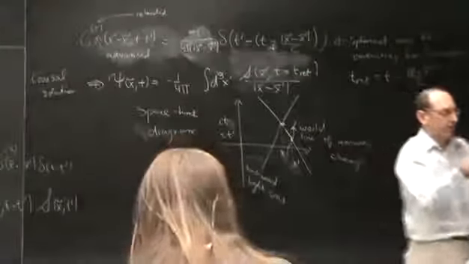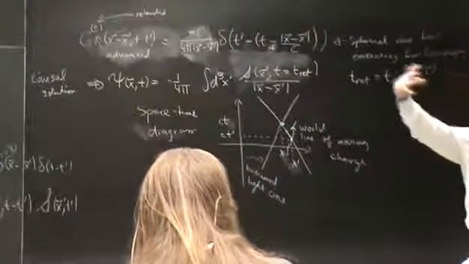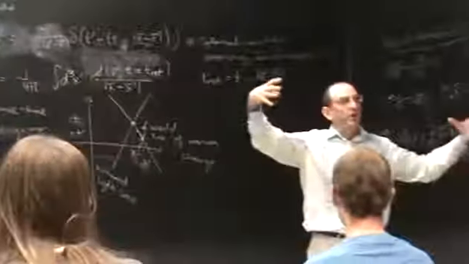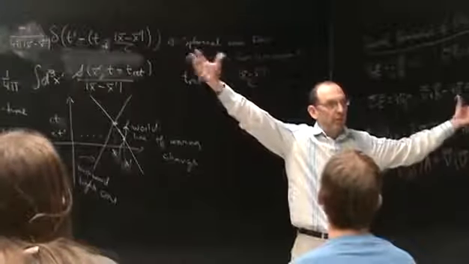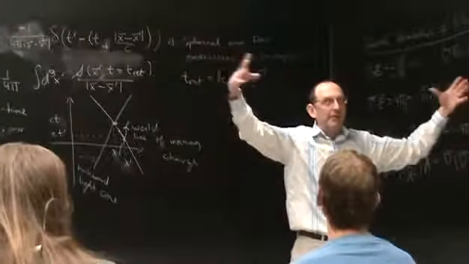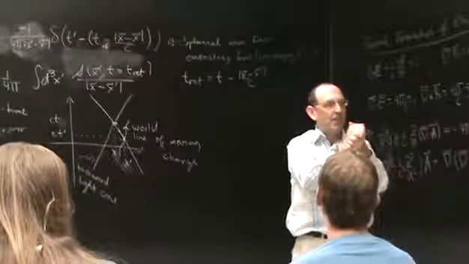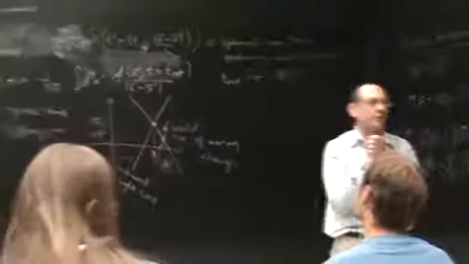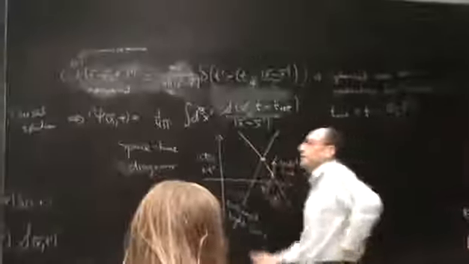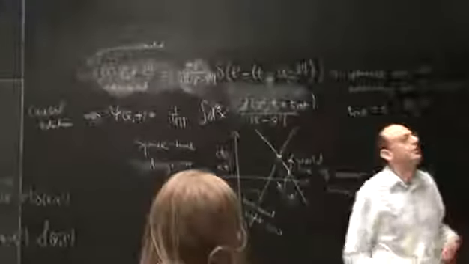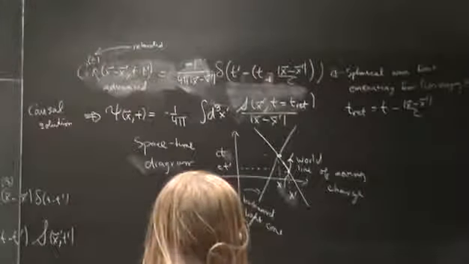Okay? The wavefronts that are emanating from the point are the retarded time solutions. The ones that go backwards in time and converge on the point are the advanced time solutions. Both are solutions. And they're used in different contexts.